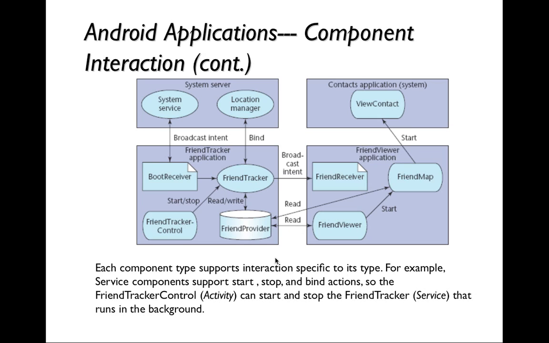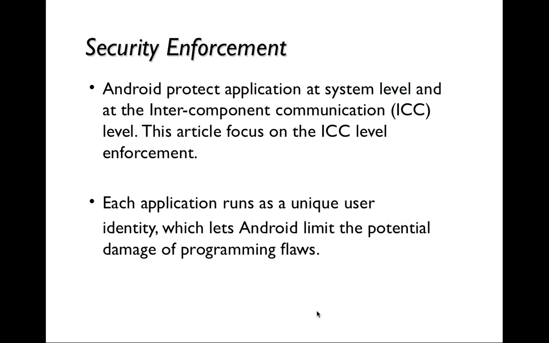So here we have the service component that supports the start, the stop, the bind actions, which is the activity for the friend tracker controller. And it can start and stop the friend tracker service that runs in the background, so we have that separated out as well.